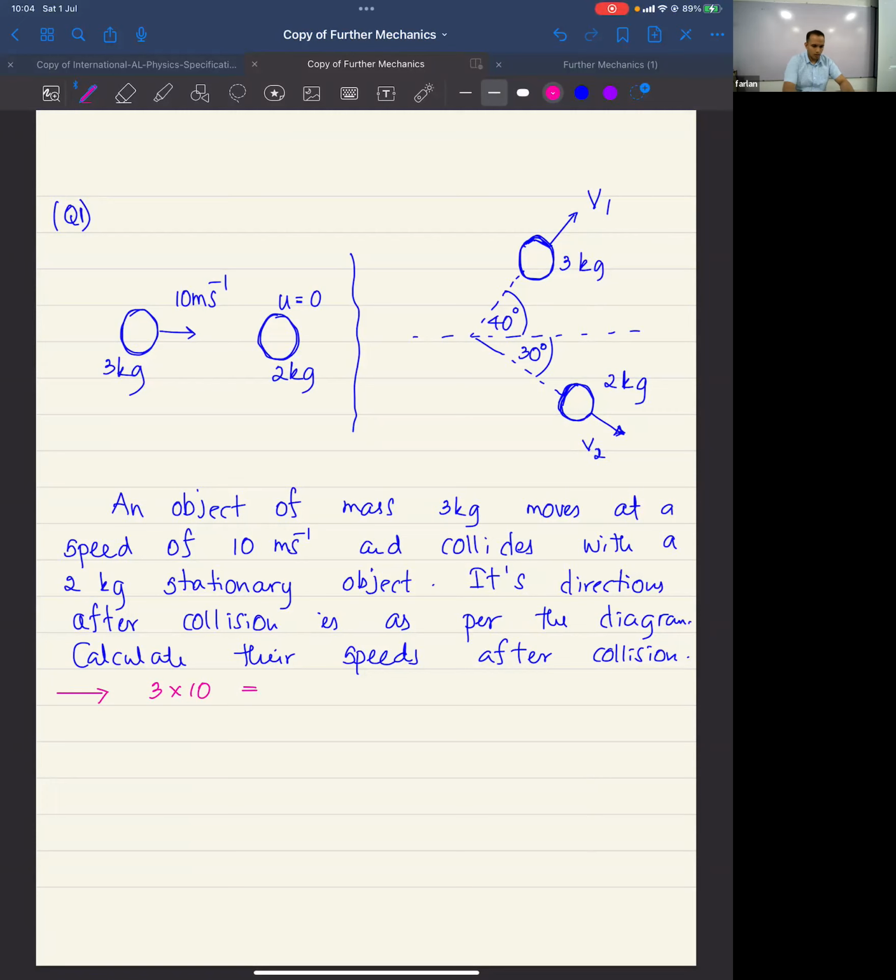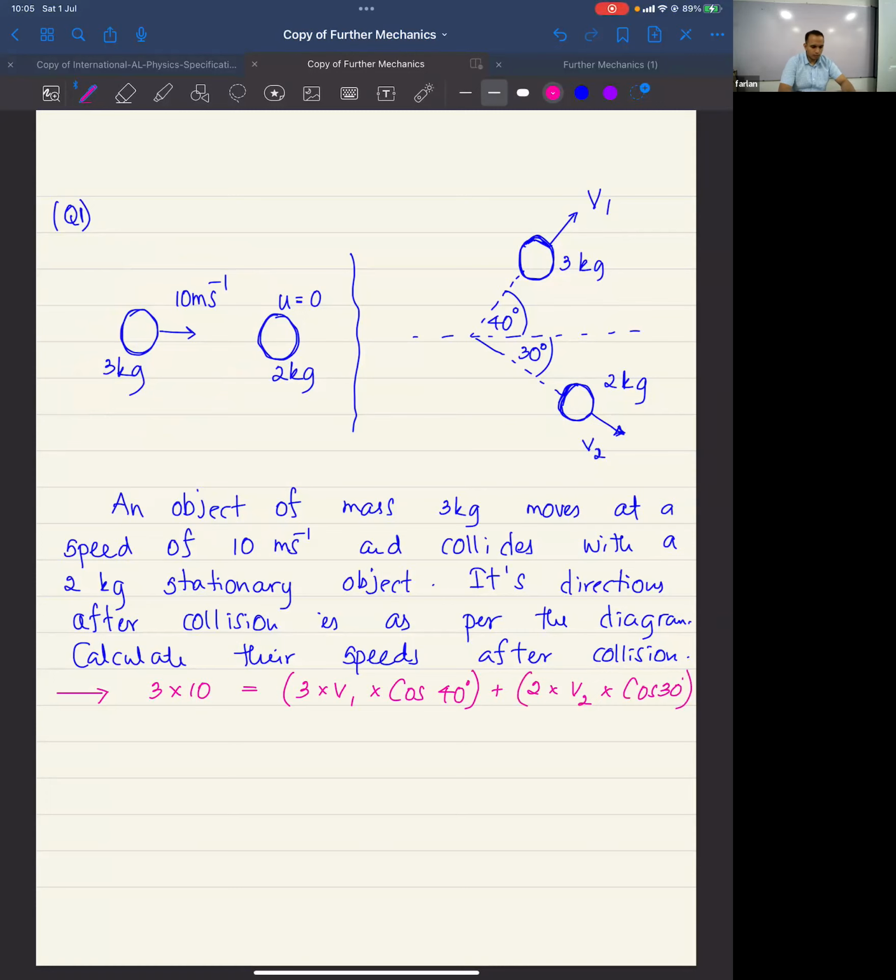Agree? Only this object has momentum, 3 into 10. The momentum of the 2 kilogram object is 0. After collision, the momentum in that direction will be 3 into v1 cos 40 plus 2 into v2 cos 30. Yes or no?